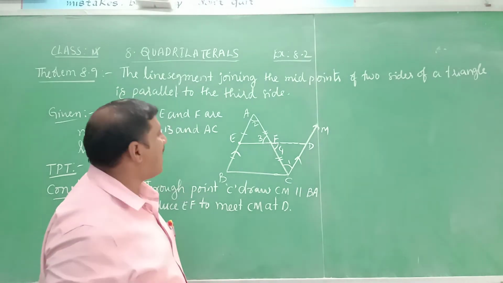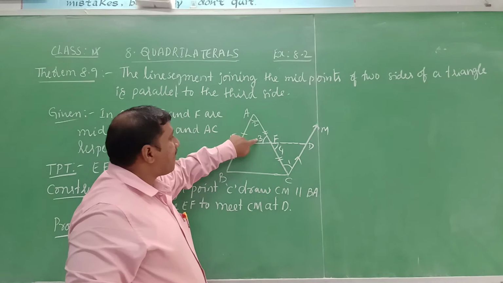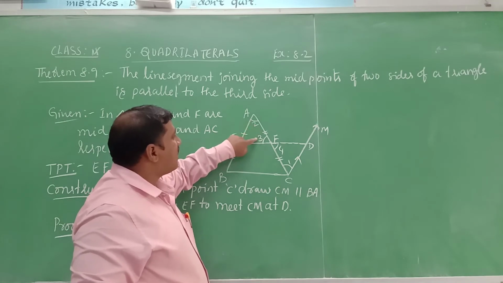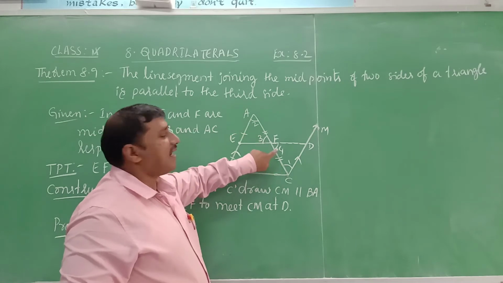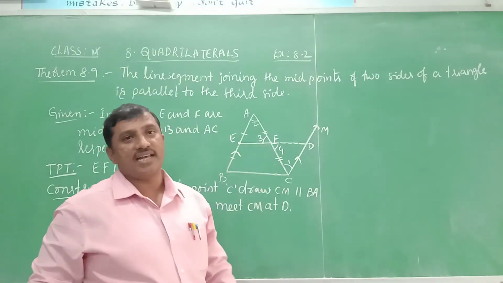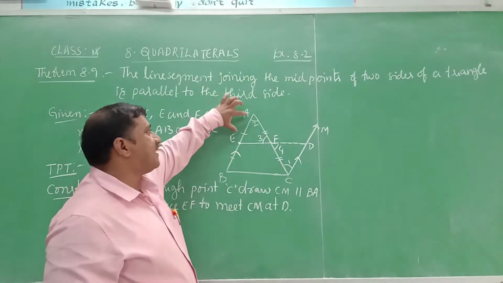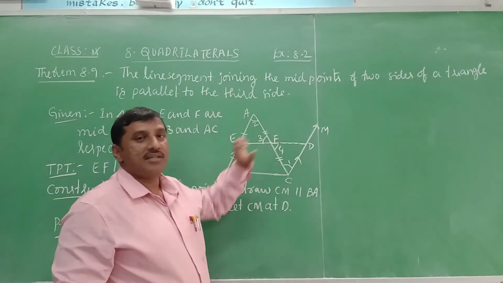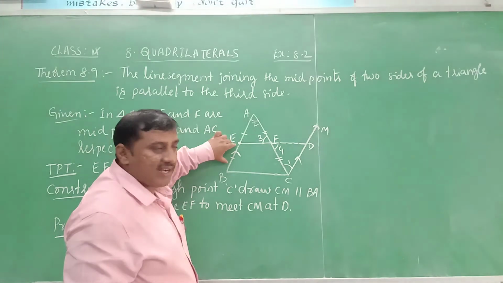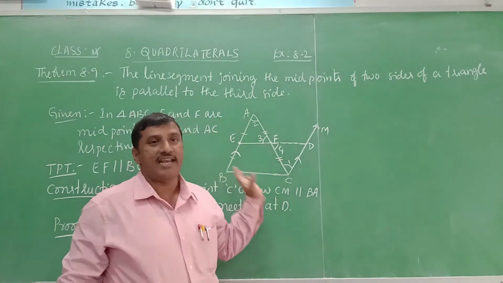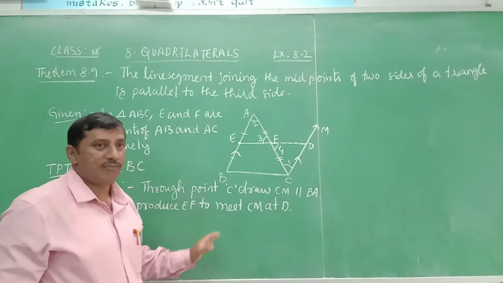Therefore, angle, side, angle, ASA congruency. The two triangles are congruent triangles. By CPCT, AE is equal to CD, and we know AE is equal to BE, it is given. Therefore, BE is equal to CD. Hence, BCDE is a parallelogram.